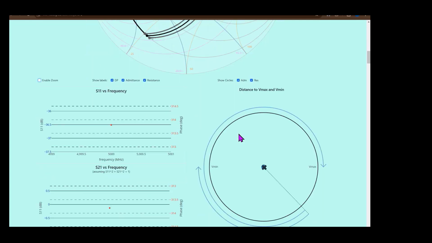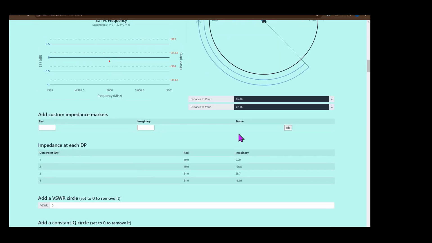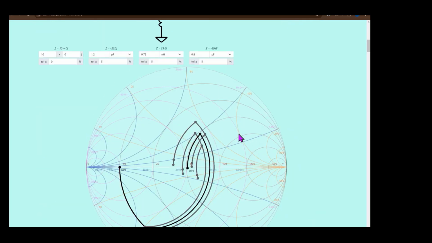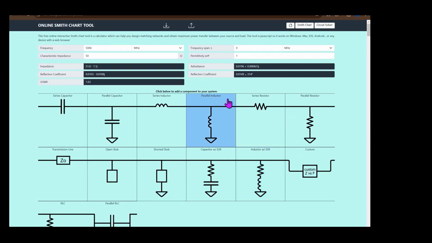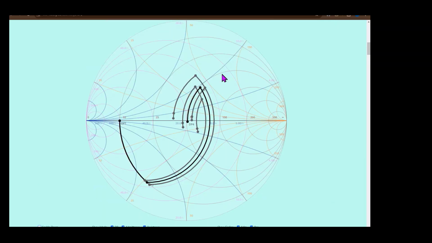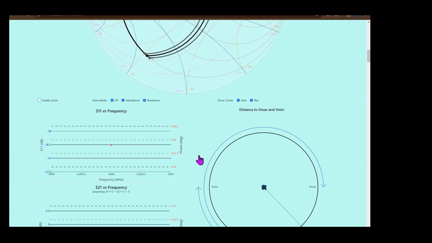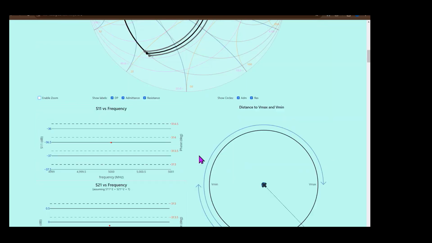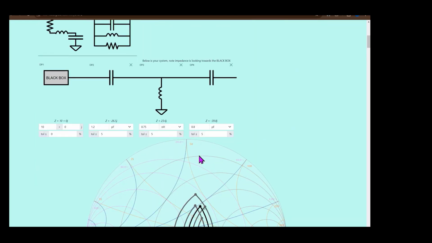And I think on here you can also put circles that relate to reflection coefficient. I don't remember how to do that.